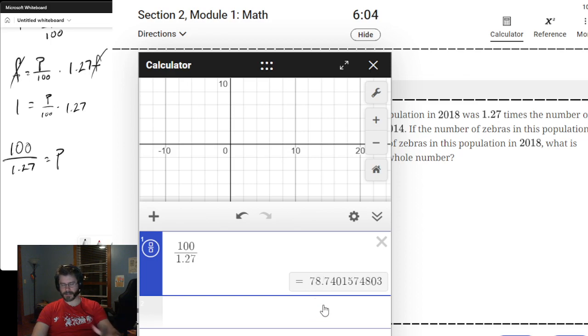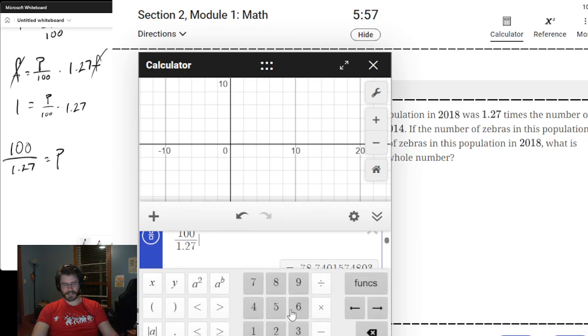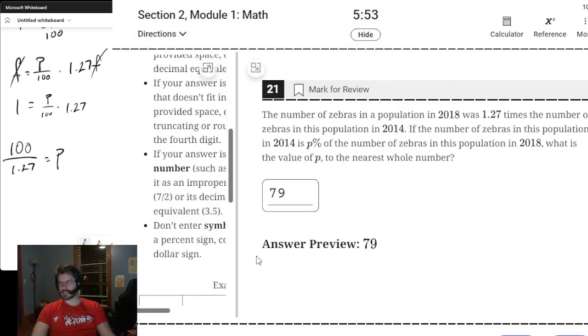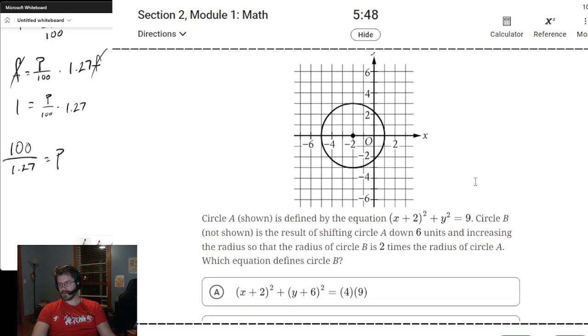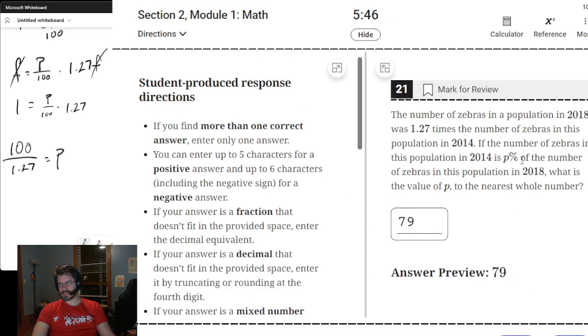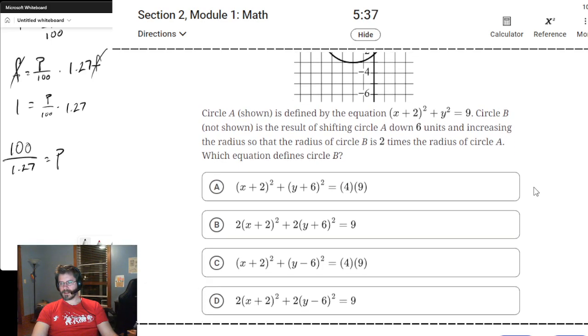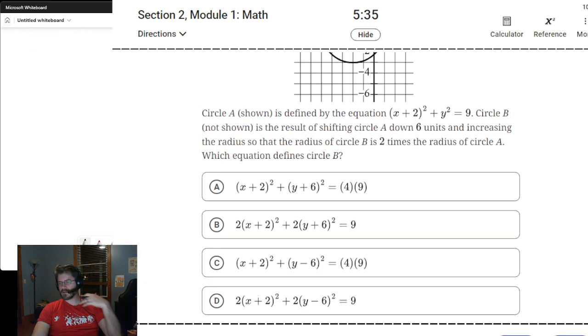Hitting escape gets rid of the functions, because you'll notice that when this pops up, you get all these functions here, but if you hit escape, it just goes away. 78.74, yes, that does round to 79. I think that's what they want here. They don't want it in the decimal form because it was P%. If it was just like fraction P or something like that, then maybe the fraction or the decimal would be appropriate, but no. All right, again, using the tactic again, looking at the answer choices gives us some hints. These are all circles.